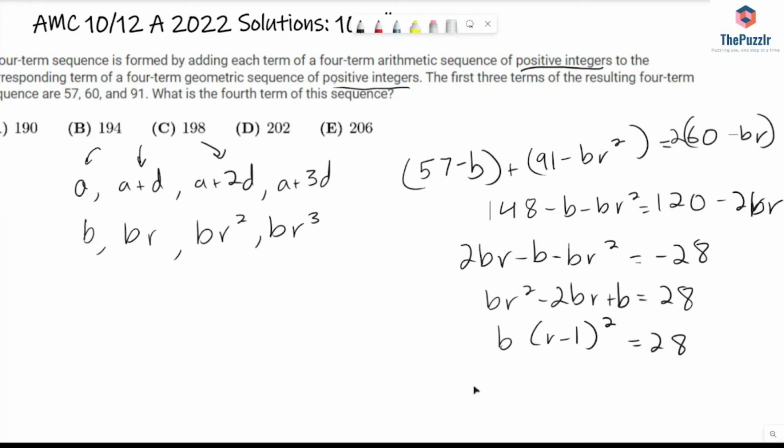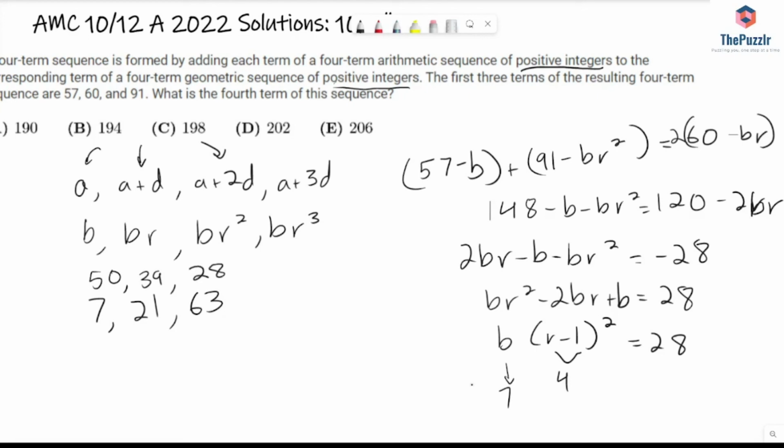The next number we might perhaps try is r minus 1 equals 2, so r equals 3, and then r minus 1 squared would equal 4, so then b equals 7. So if we do that, we have 7 times 3, which is 21, times 3, which is 63, and then the corresponding terms of the arithmetic sequence would be 57 minus 7 is 50, 60 minus 21 is 39, and the next one would be 91 minus 63, which is 28.